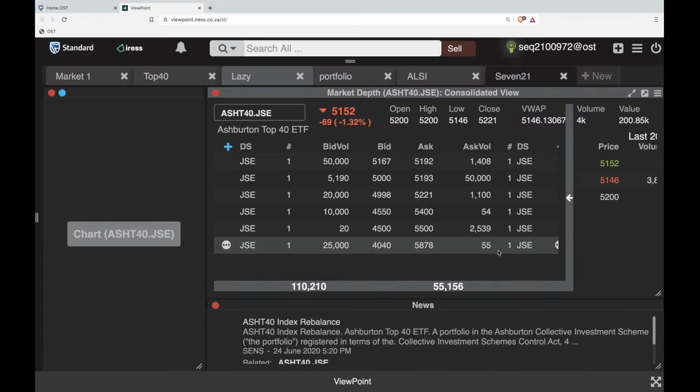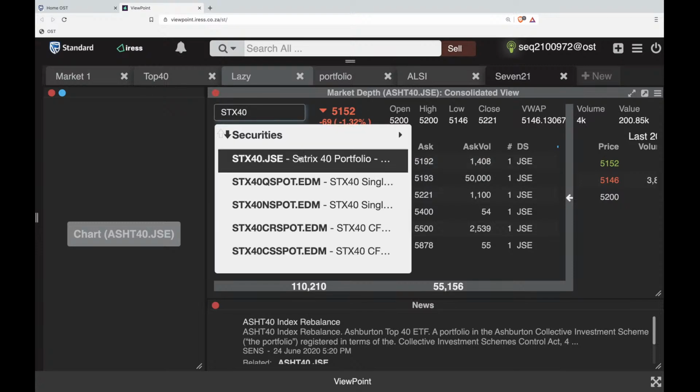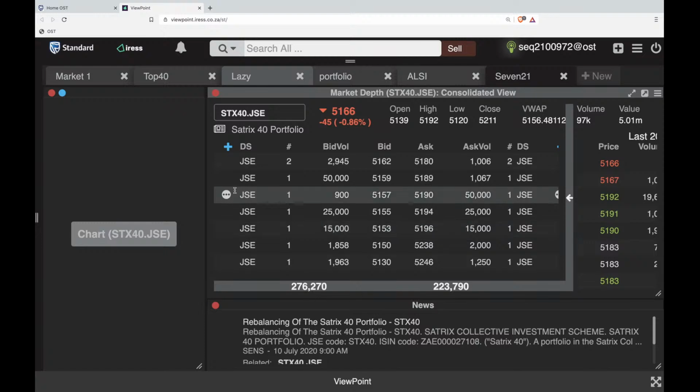The other important point, a question just came through. Takalani asked it. Takalani, not to worry. Takalani's question is, but if they're in front of me, then they're going to trade first. Well, if they're in front of you in terms of price, they will trade first. But remember, the JSE has a time price for orders. So in this case here, if Satrix now steps up to 51.62, that 2,945 will trade before Satrix's 50,000 because that 2,945 was there first.